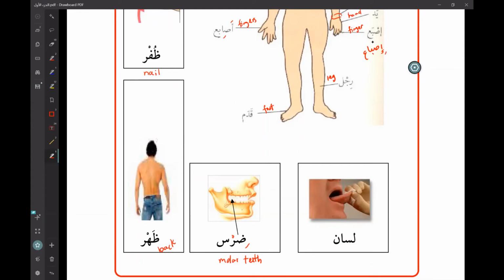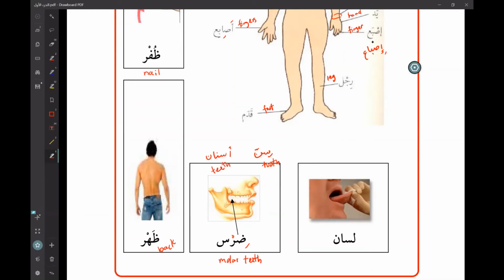So I can give it to you. So sin is a tooth, but when you talk about the teeth, it's asnan. Just like English, we use teeth more than tooth. In Arabic also, the word asnan is used more, which is teeth.